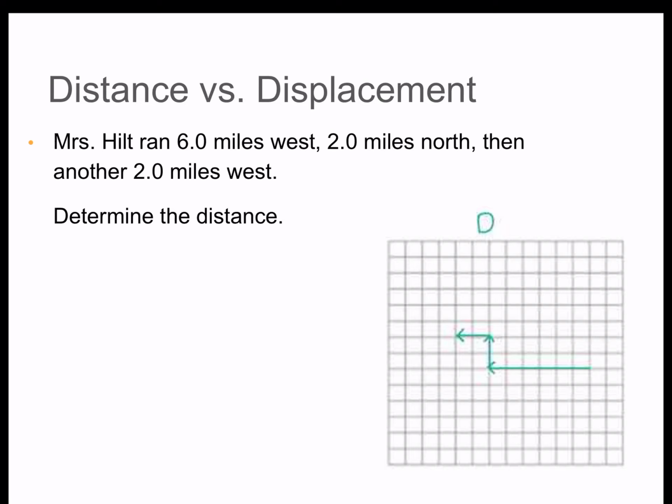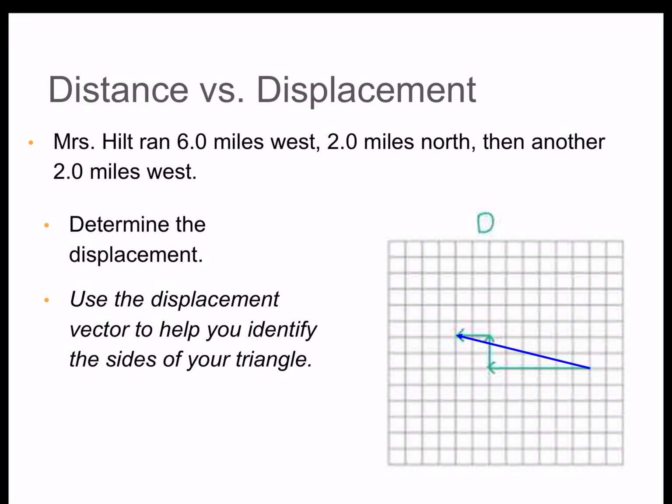Now determine the distance. Finally, determine the displacement. And I drew in your displacement, or your hypotenuse, to make it a little easier for determining the sides of your triangle.